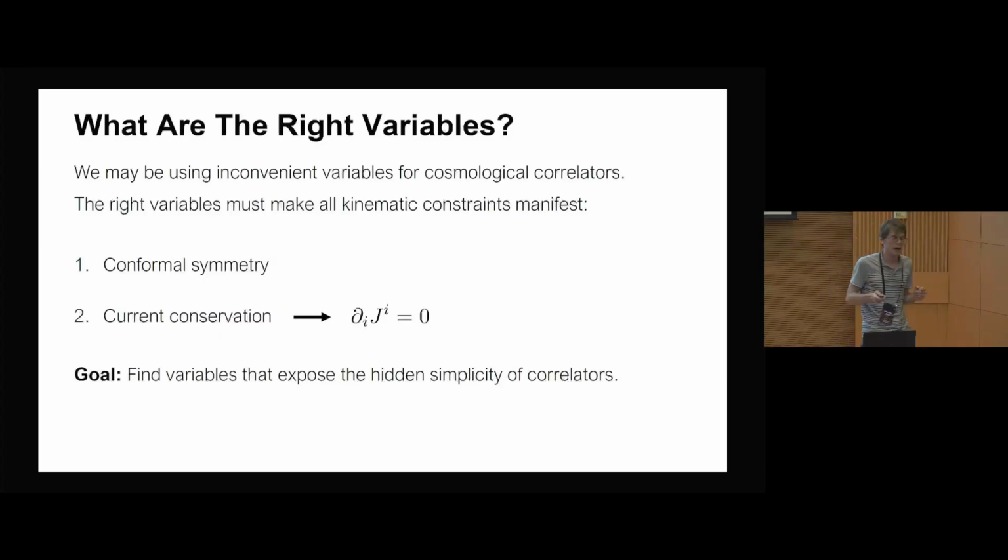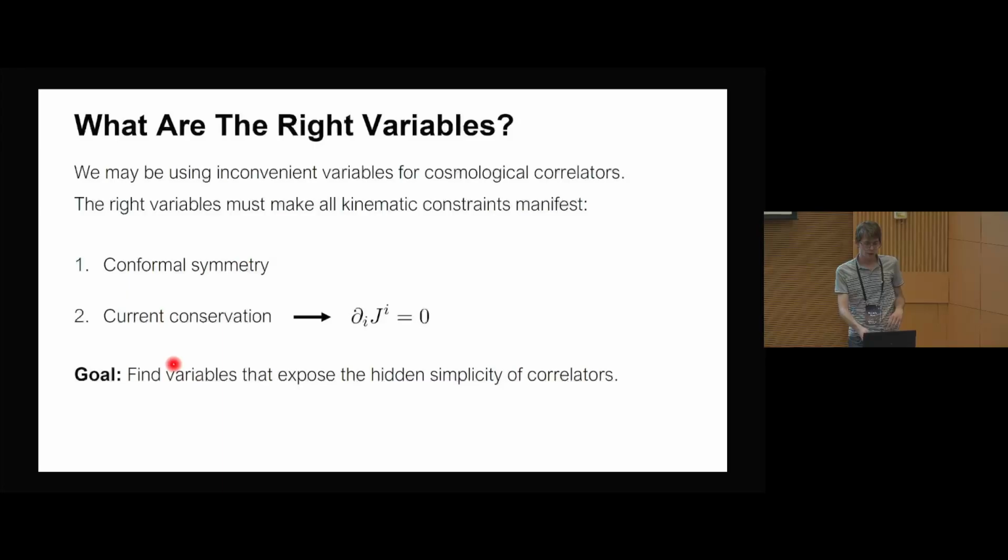So what are these constraints? Firstly, they have to be invariant under conformal transformations due to the isometries of the bulk spacetime. And secondly, they have to trivialize the fact that these particles in the bulk are massless, which corresponds to a conservation condition for the currents in the boundary, meaning that these currents have to satisfy this equation. They should be divergenceless.